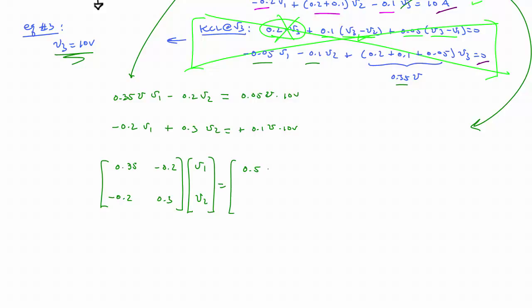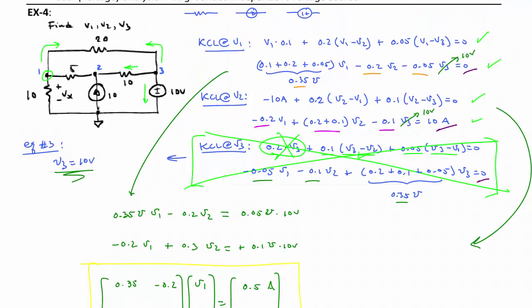Now this is going to have units of amps, right? Conductance, mhos times voltage, is current. And the second term will be 1 amp. And this is our final set of equations. Only two unknowns. And we can write here, and V3 is equal to 10 volts.